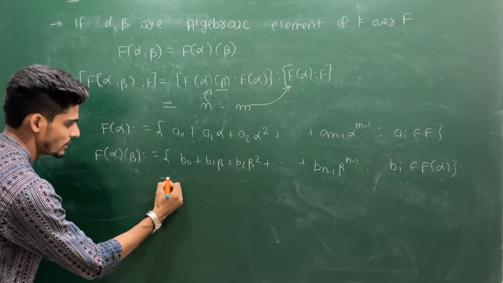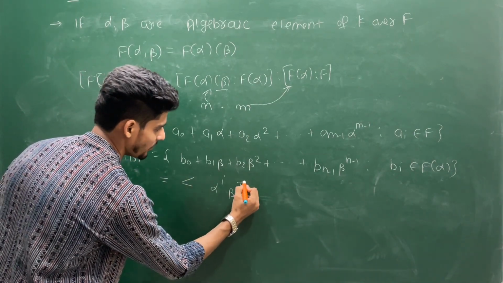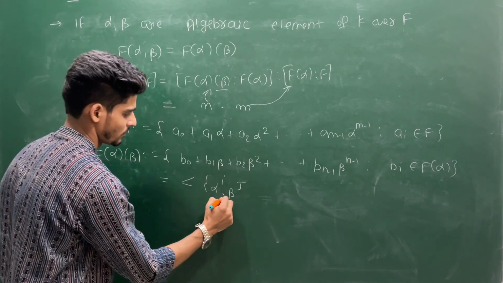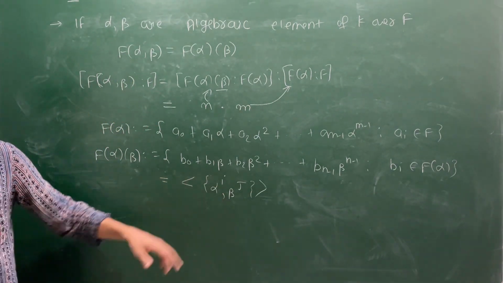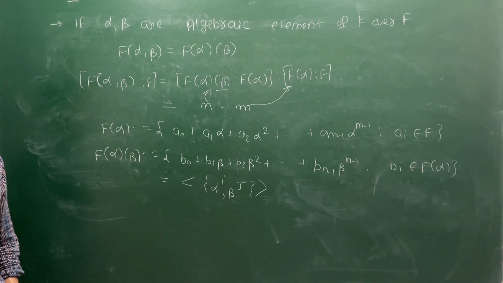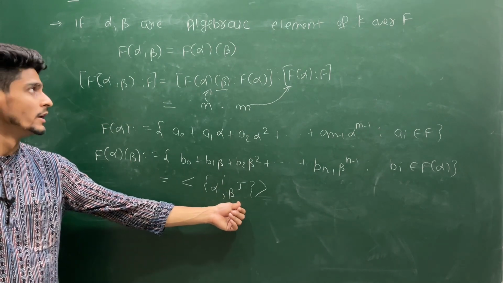So you can say this is generated by alpha to the power i, beta to the power j, and this will form a basis because these will be linearly independent elements. So prove that this is going to be a basis.